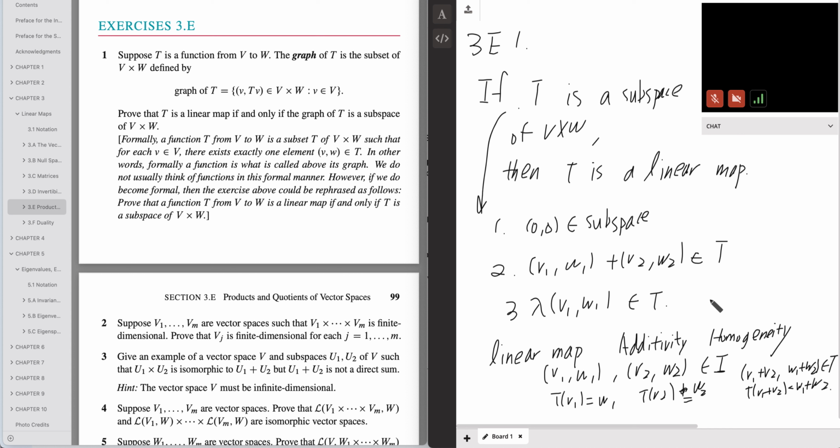Before I even go there, I should probably define that for every point in the subspace T, of course, T of the first coordinate is the second coordinate. That's how you would define the linear map first.